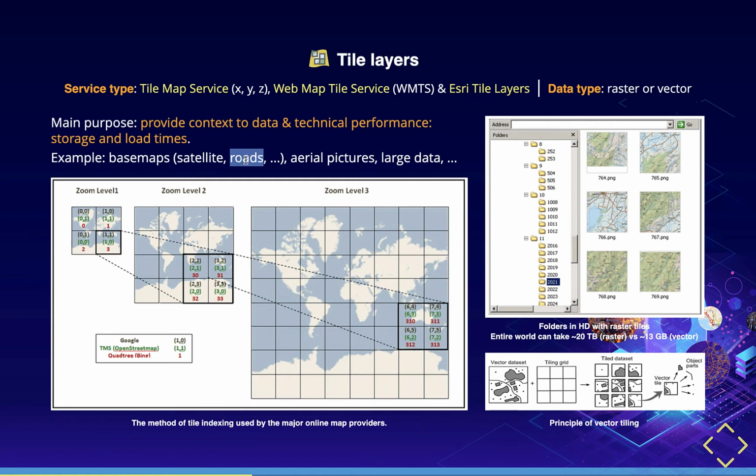This kind of base map with 18 zoom levels, compared to the 20 terabytes of satellite imagery, can take 13 gigabytes. And also for you to know, we can also store drone imagery on tile layers, or actually any kind of data that we want to convert into tiles. We can do that. So we will see that afterwards.